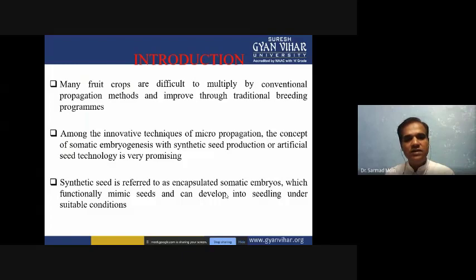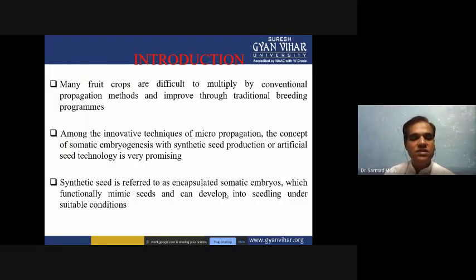Synthetic seeds, artificial seeds, or lab-produced seeds are all the same and are referred to as encapsulated somatic embryos. When we encapsulate the somatic embryos, we call them synthetic seeds or artificial seeds, which functionally mimic the seeds and can develop into the seedling under suitable laboratory conditions.